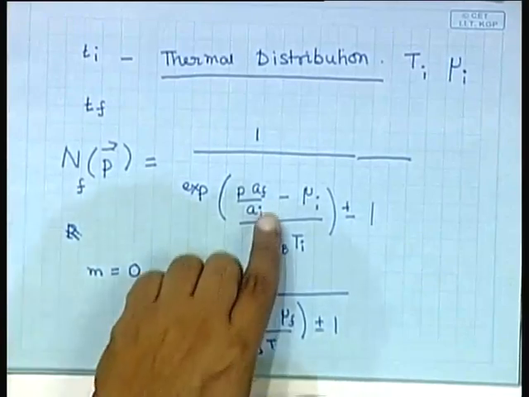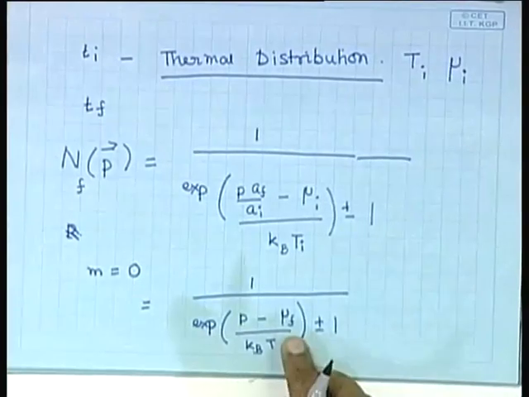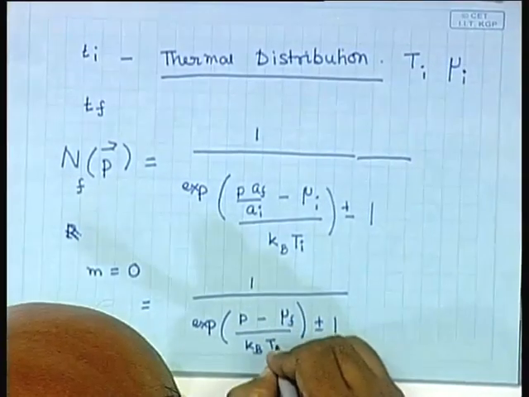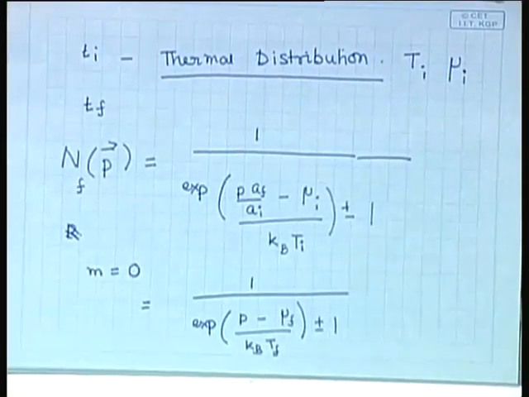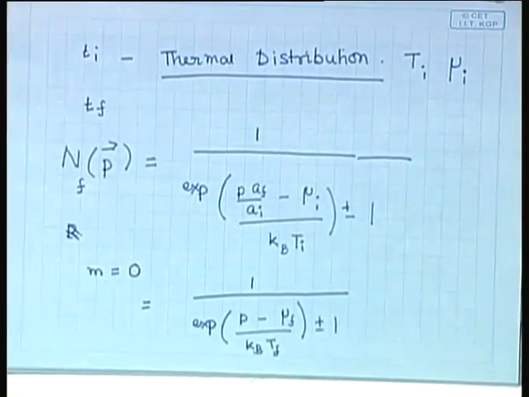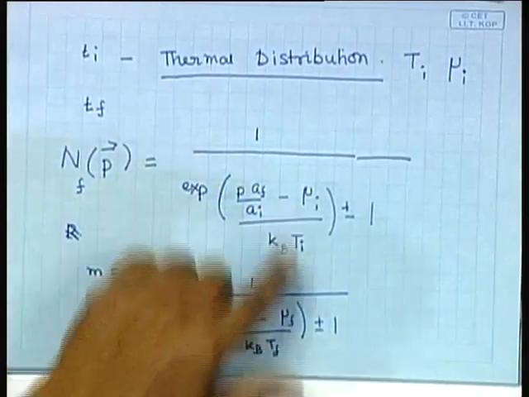Okay. You can see that you can easily write it like this, provided you define mu F and Tf in a certain way. So, the question is, how will you define mu F and Tf?